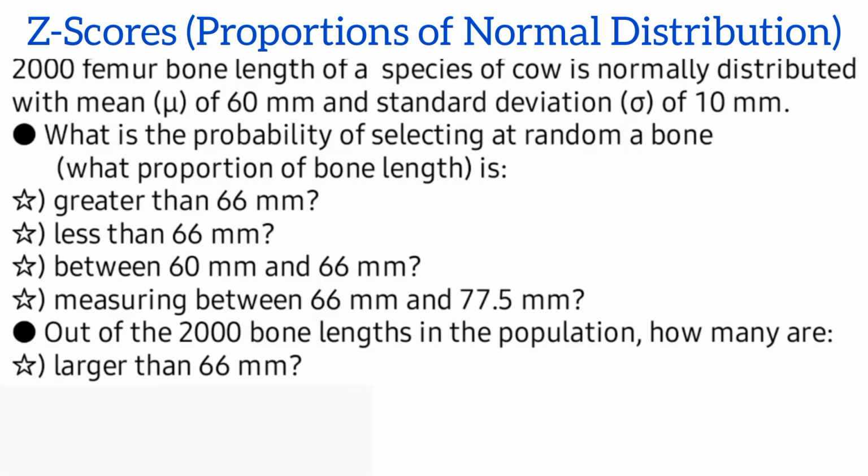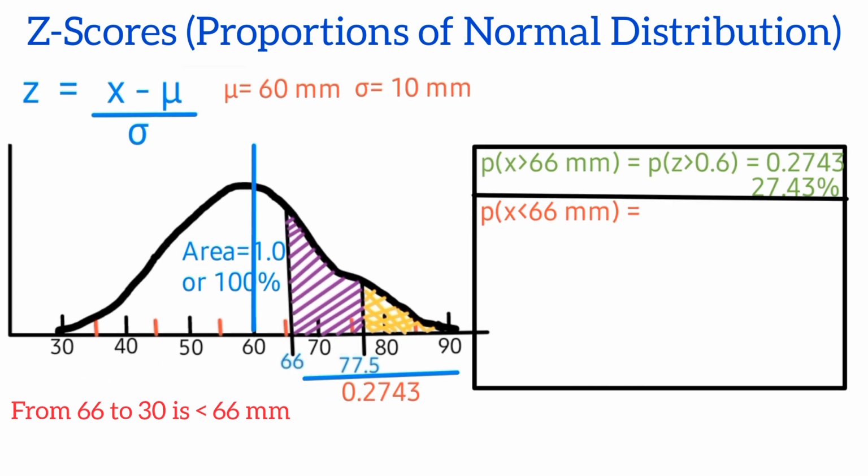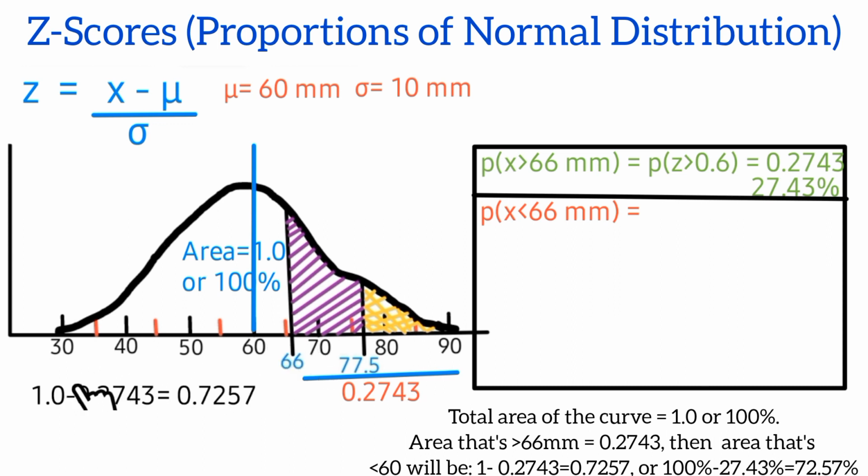Now let's proceed to the second question. The second question says the proportion that is less than 66 mm. So the proportion that is less than 66 millimeters is from this point below. Remember, we did say that the total area under the normal curve equals 1.0 or 100%. So if this total area gives 1.0 and the area that is greater than 66 millimeters gives 0.2743, that means the area that is below 66 will be 1.0 minus 0.2743, and that gives this value.